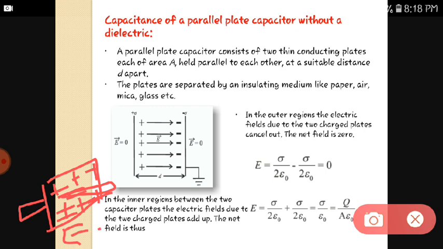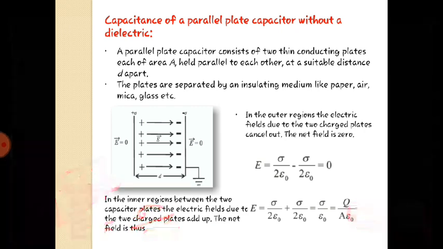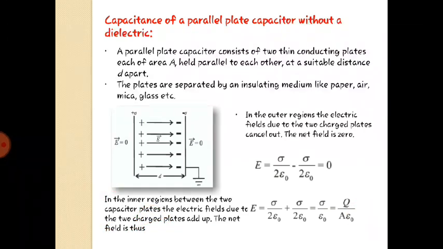What was that? That was nothing but E is equal to sigma divided by 2 epsilon. This was derived by application of Gauss's theorem. So we are going to use that formula here, because here we also have a conducting plate, right? So the intensity will be the same.